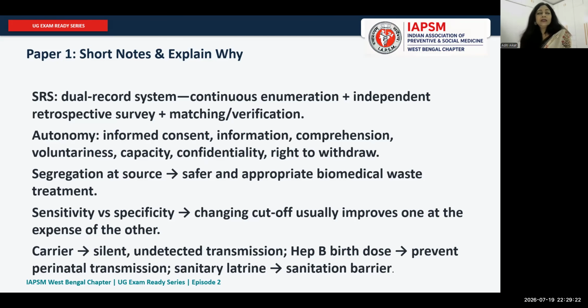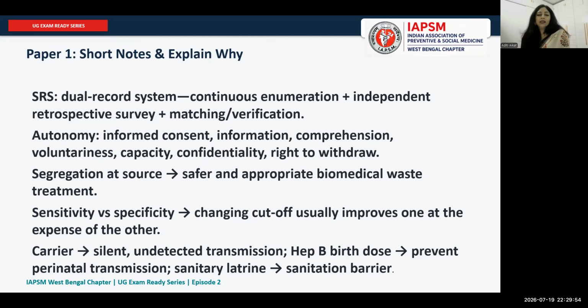Now, biomedical waste segregation at source. This is again a very basic question, and it has been partly taken up in episode 1. So I'll not build much, but we'll just ensure that you remember it is to ensure safer and appropriate biomedical waste treatment. Now, sensitivity and specificity are inversely proportional.